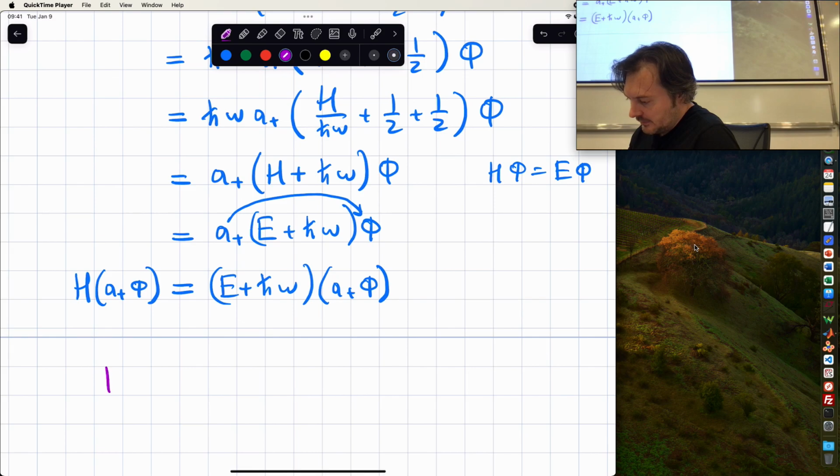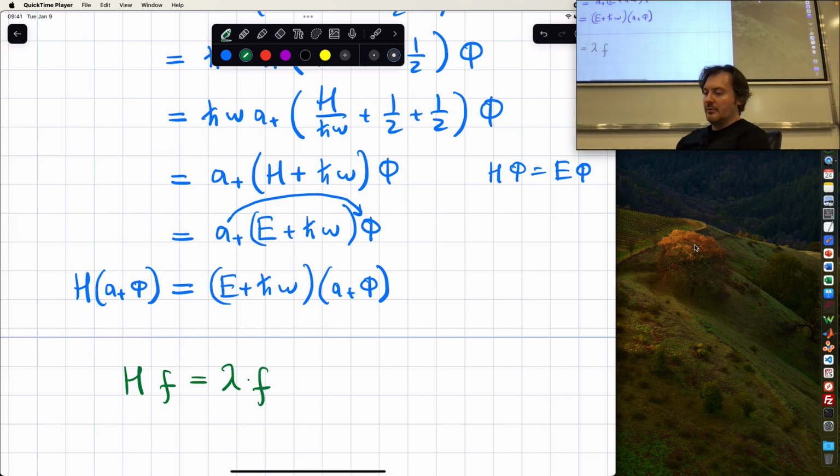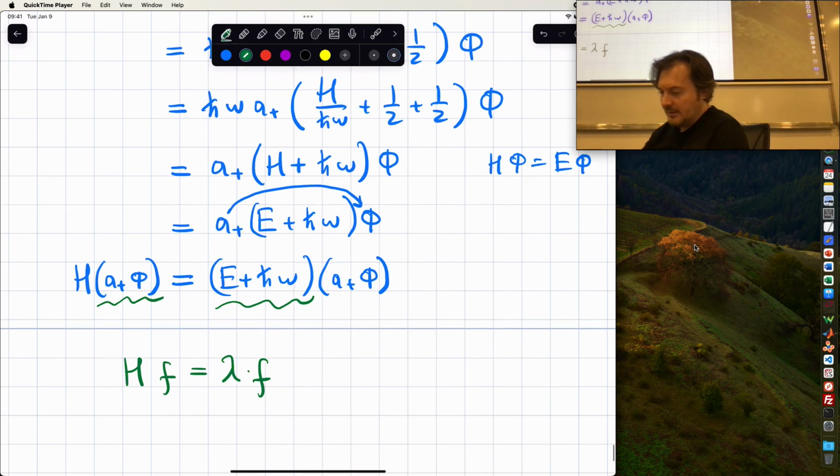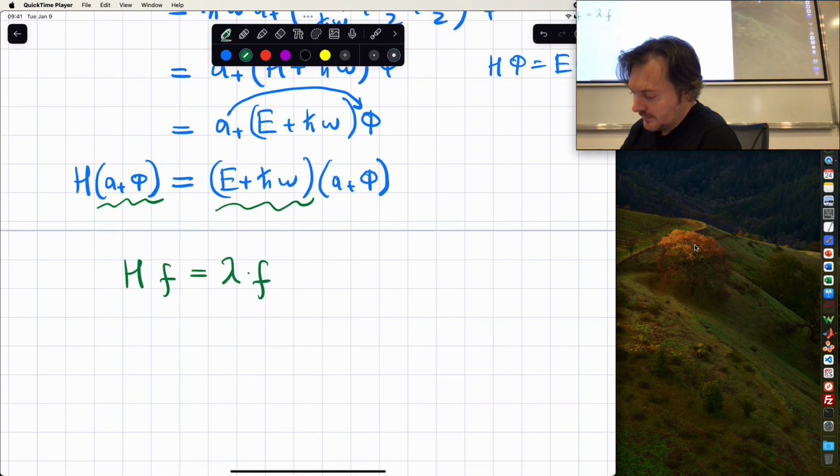So it's yet another equation that has H times some function f equals eigenvalue times f. In this case, that function is this, and that eigenvalue is this. Did you follow this? So this brings us to this ladder stuff. Let me write down what just happened.